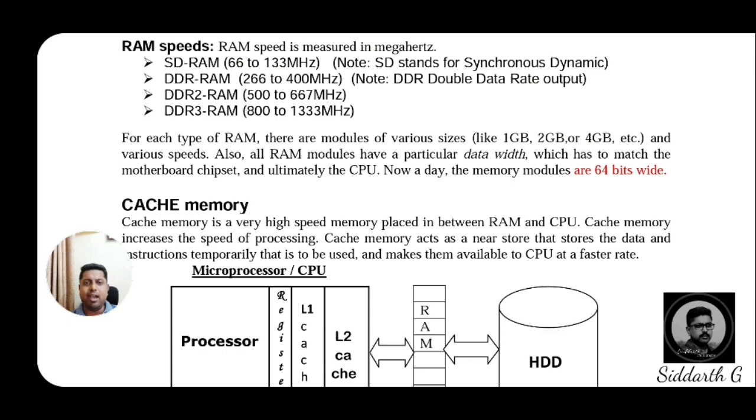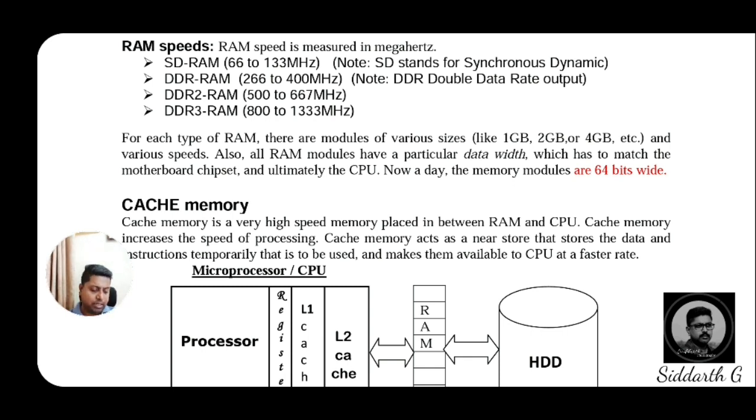Note down here, DDR means double data rate, which we discussed earlier. Then we have DDR1, 2, 3. DDR2 RAMs support 500 to 667 megahertz, and DDR3, which we use at present, runs nearly 800 to 1333 megahertz.